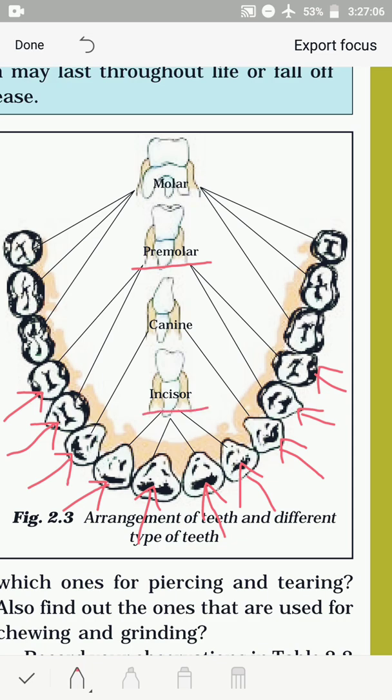So first incisors, then canines, then premolars. And this side three, and the other side also, these three. These are known as molars. So in one of the jaws, how many teeth are present? 16. So on the other jaw also 16 teeth are present. So this is the arrangement of teeth and different types of teeth.